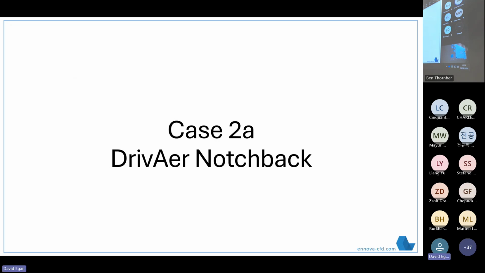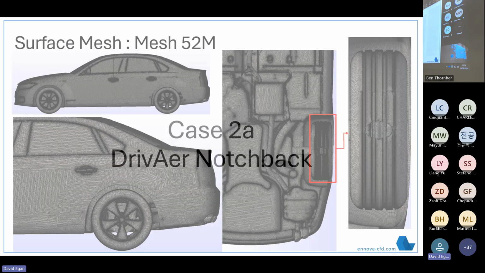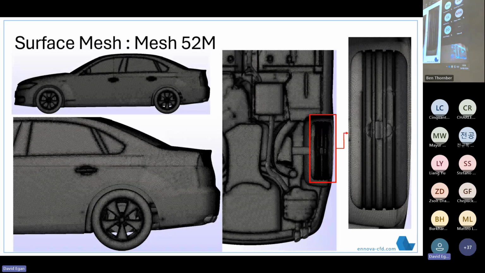We started with a CAD mesh, and we looked at many, many meshes. I generated a sequence of meshes from 5 million polyhedra all the way to about 65 million polyhedra. Today, the 52 million polyhedra mesh is approximately the same as your 157 committee mesh.